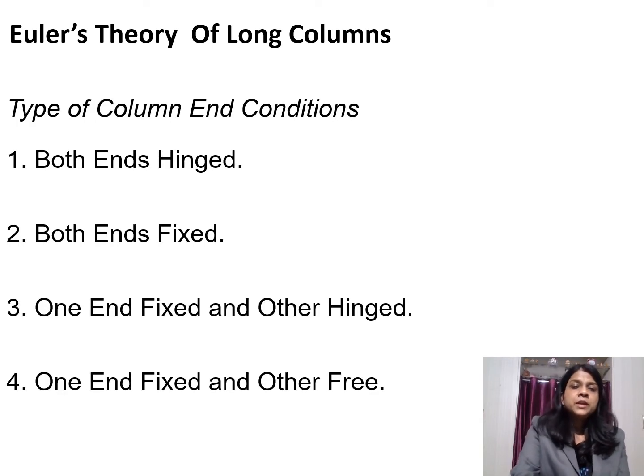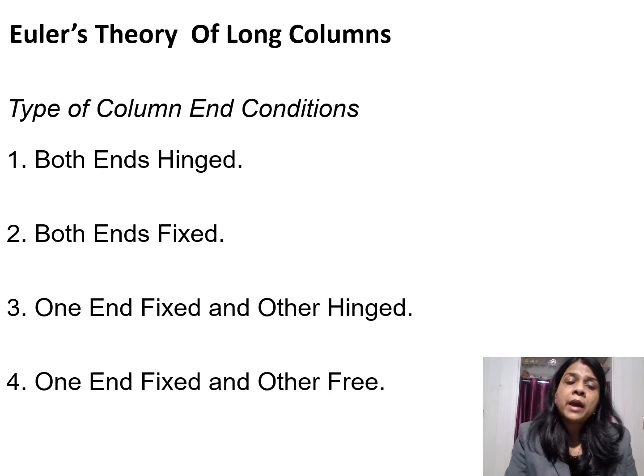Now, we will discuss the various end conditions of a column, because we will study Euler's theory of long columns, where we will know the failure theory, why a column will fail. So before going to that part, we should know what are the various end conditions Euler has considered.